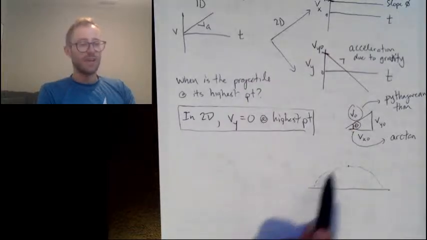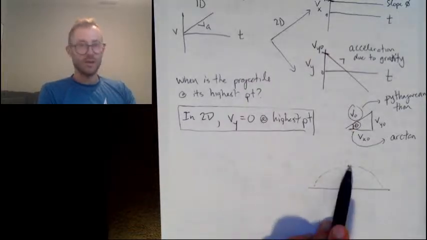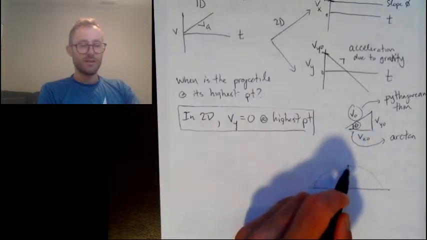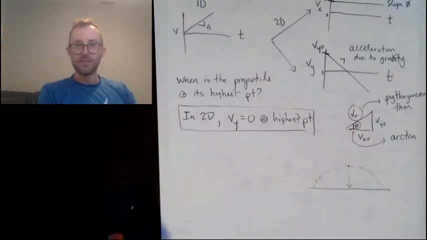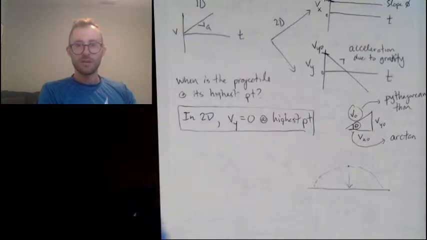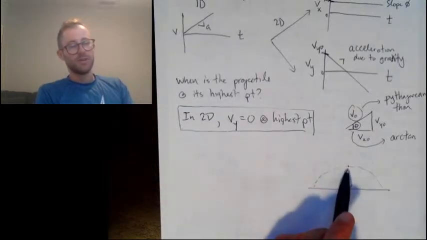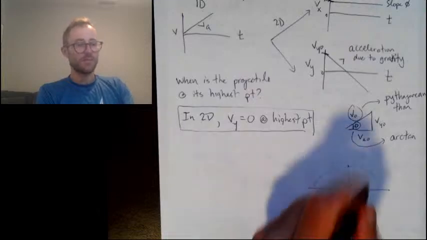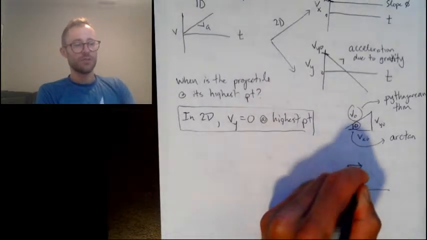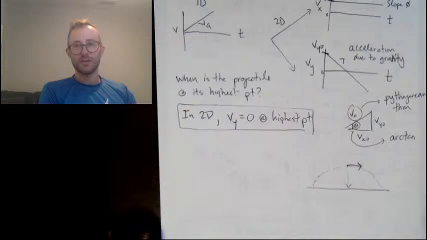If both x and y velocity were 0 at the highest point, then the projectile would just drop straight down after reaching the highest point. But because the projectile is continuing horizontally past the highest point, it only has horizontal velocity at the highest point, okay?